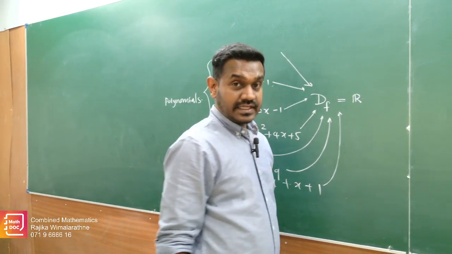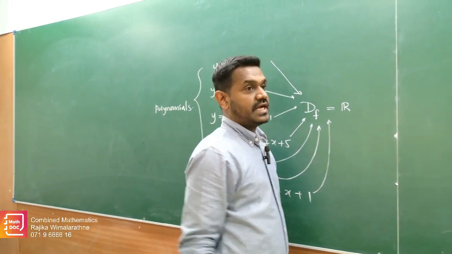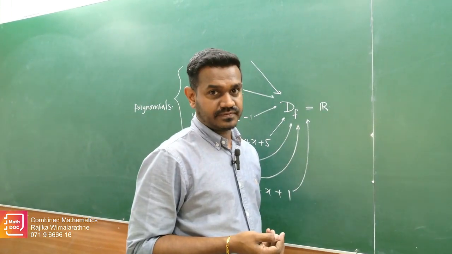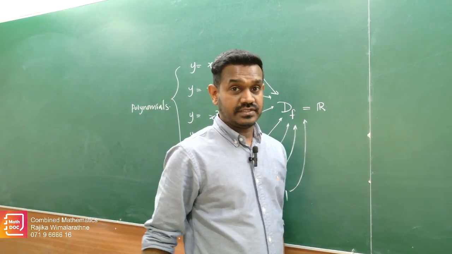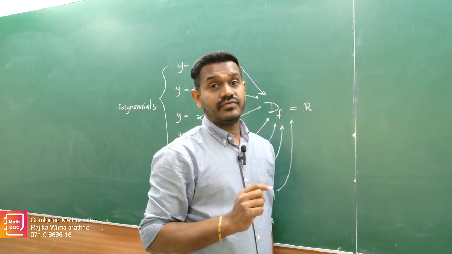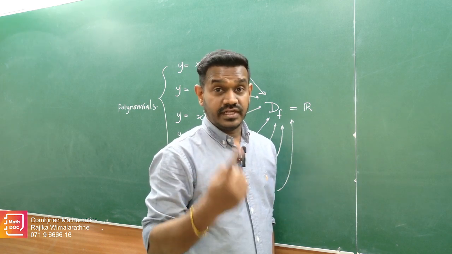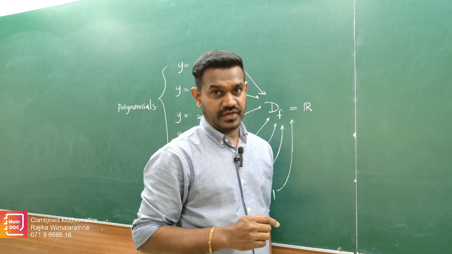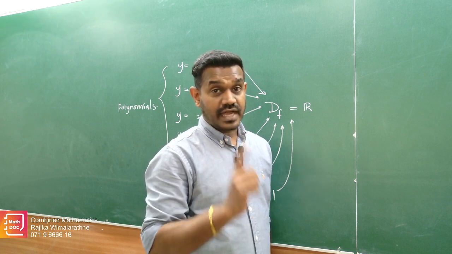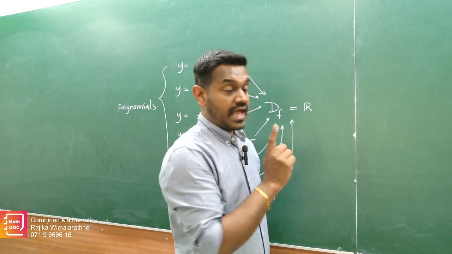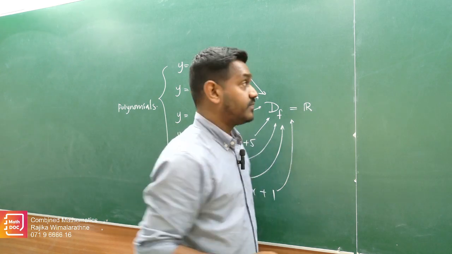Now let's move to rational types. Rational means division of two polynomials. If we have rational functions, we need to check whether it contains denominator zeros. For denominator zeros, the function is undefined. Therefore, for rational functions, we eliminate denominator zeros.